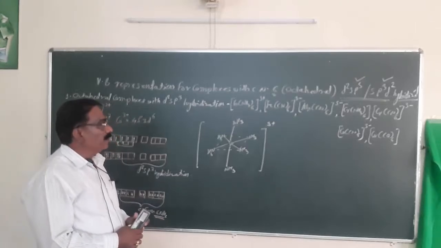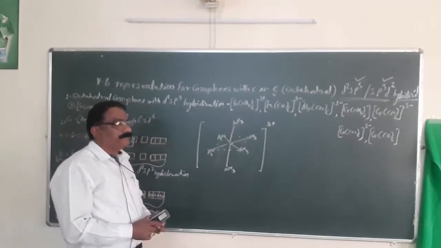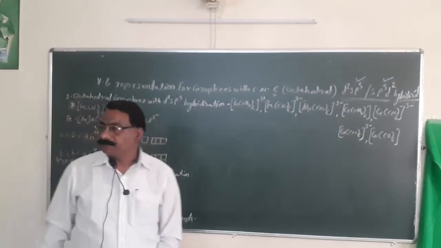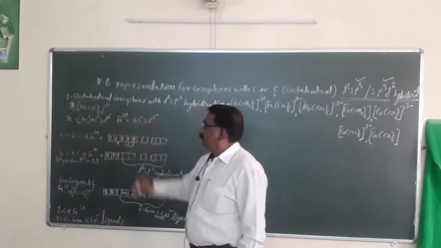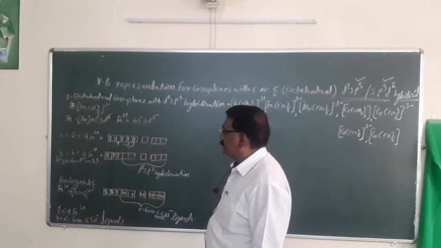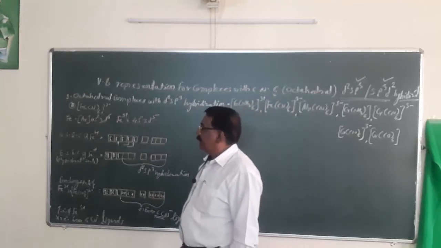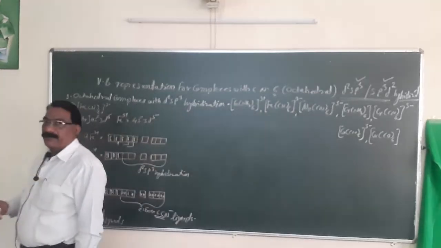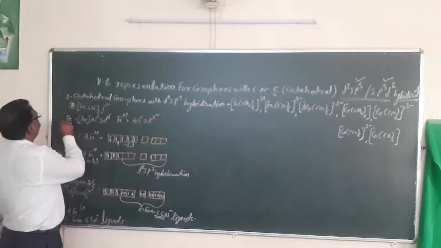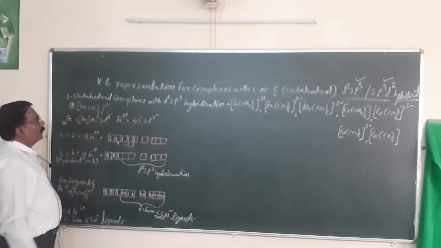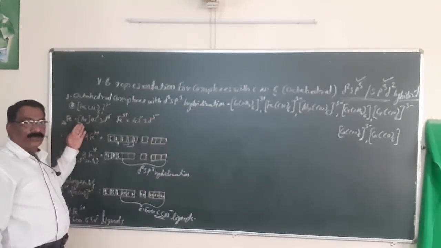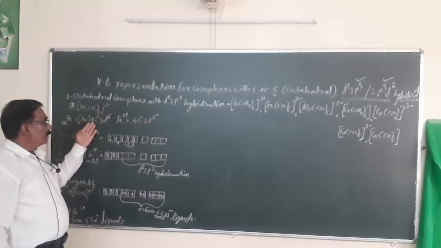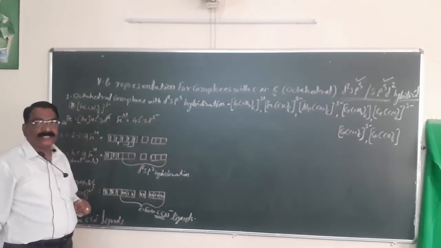Then we are going to see the second example, [Fe(CN)6]3-. Fe, its atomic number is 26. The electronic configuration is argon core completed, 4s2 3d6. Here Fe shows the +3 oxidation state.